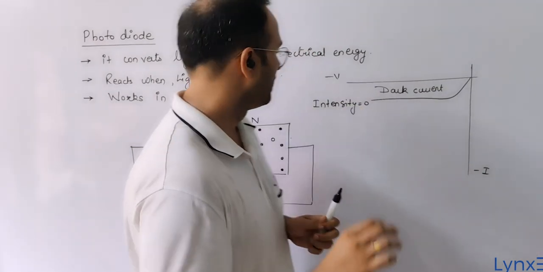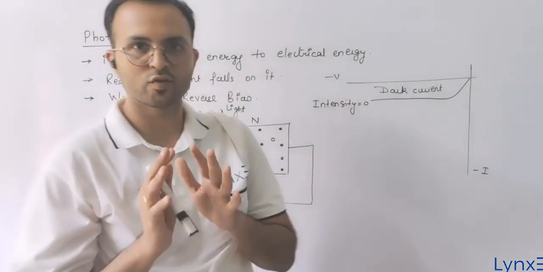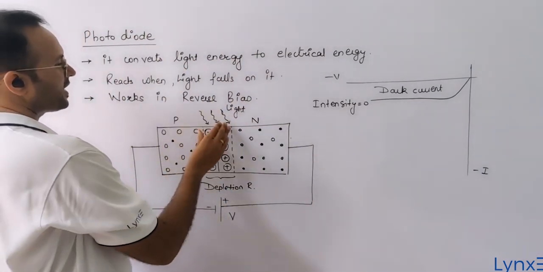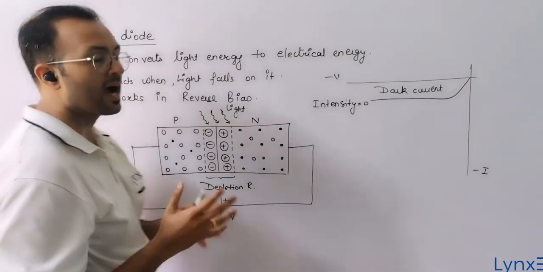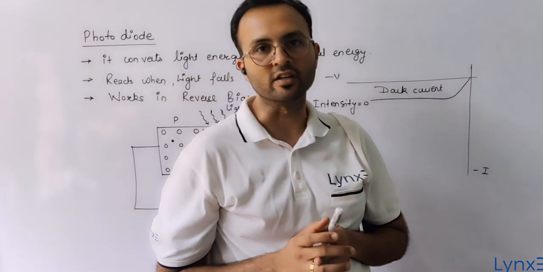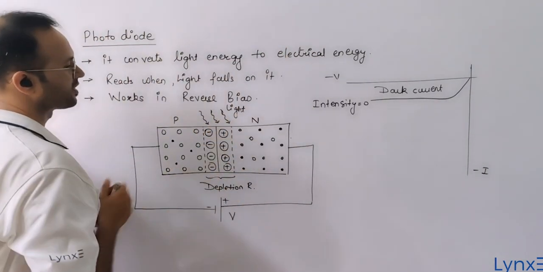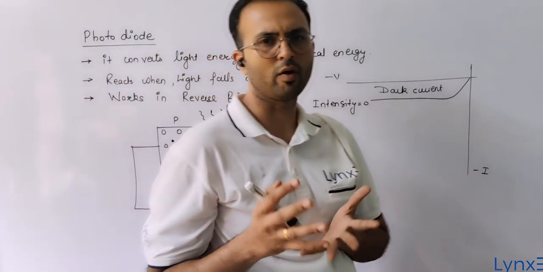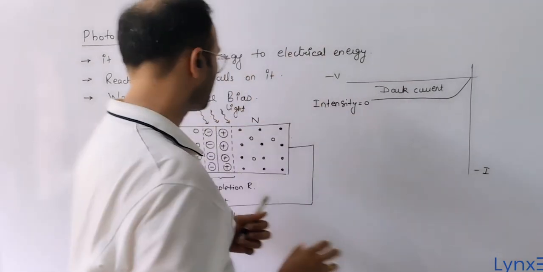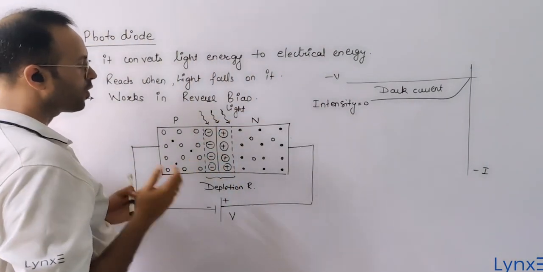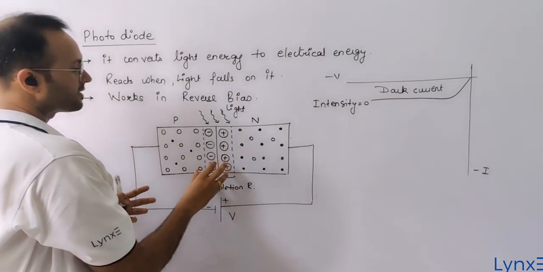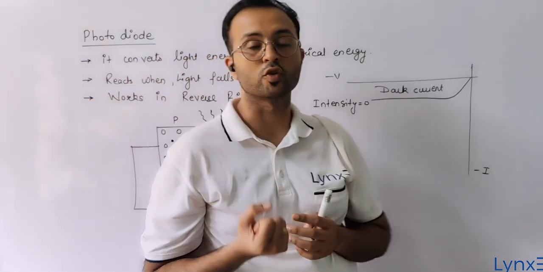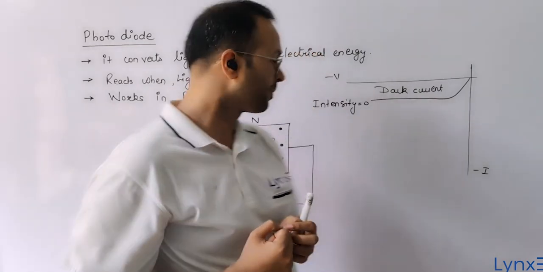Now understand further what happens. When light falls in the depletion region, an ample amount of photon energy falls on it. An electron-hole pair will be produced in the depletion region, as the depletion region absorbs the light.